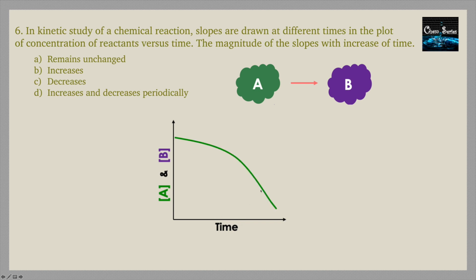The green line represents the reactant concentration, which decreases as time increases. And the product should increase as time increases. They have asked us only about the concentration of reactants, so the magnitude of slopes will decrease. So your correct option is C.